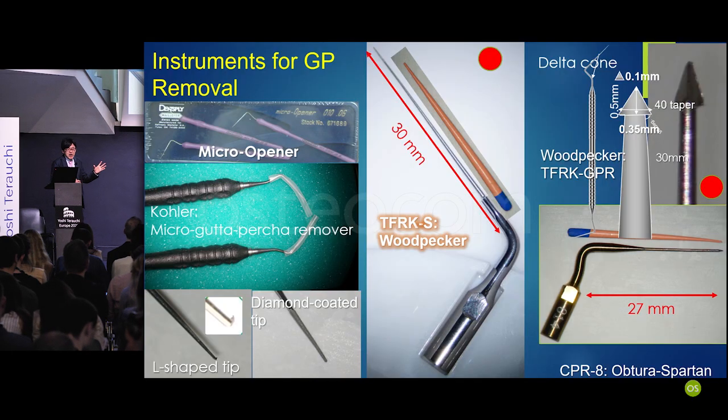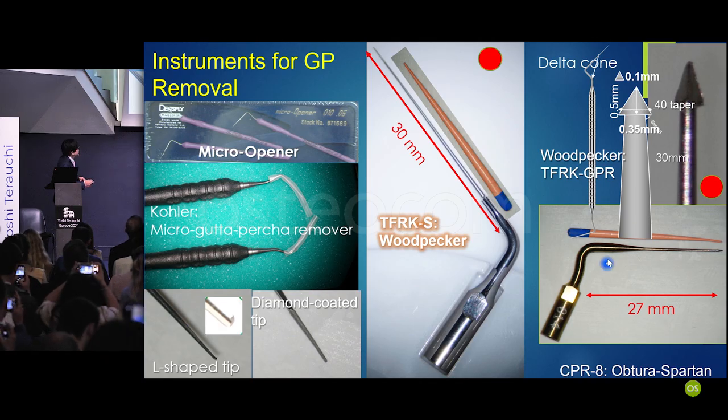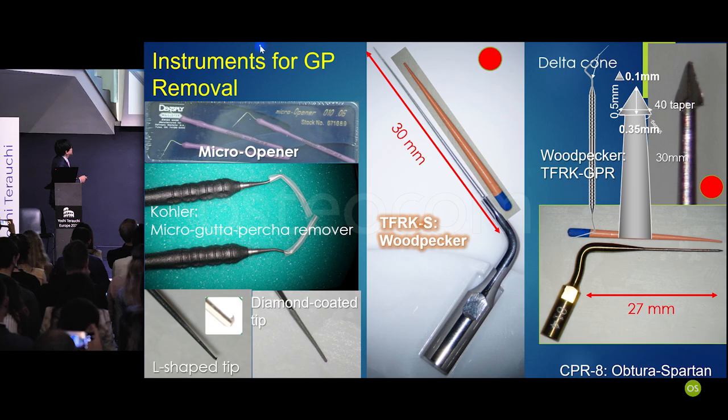So how do you remove the gutta percha? I use these instruments. For example, I use the micro gutta percha remover from Cora. I use TFRKS from Woodpecker. And I use hand instruments like a GPR from TFRK, like this, or I use a micro opener.